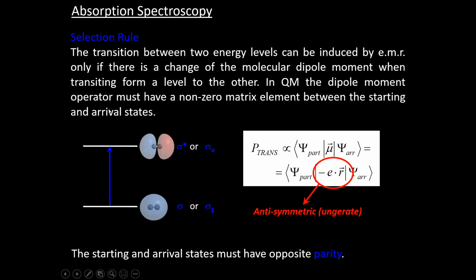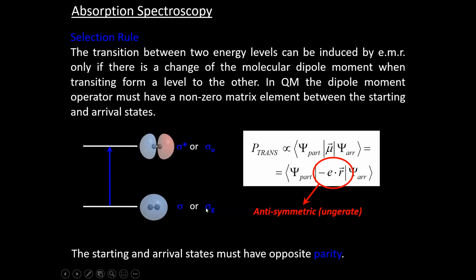So you cannot promote an electron from a state which has, for example, a gerade parity to a state with a gerade parity with light. In order to have a transition between levels, the parity of the start and arrival state must be opposite.